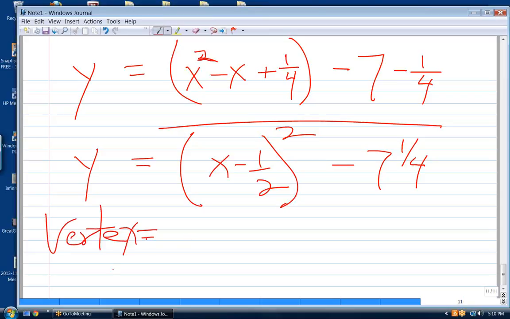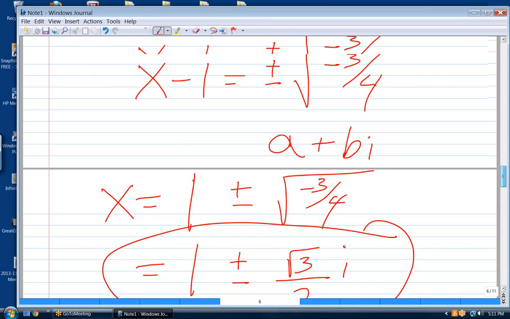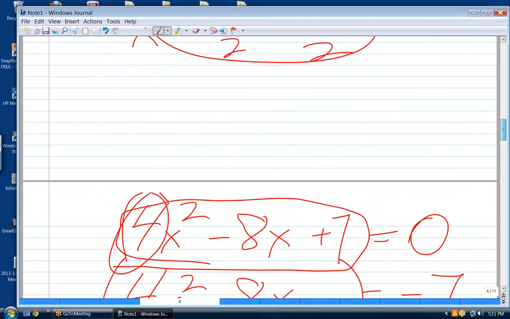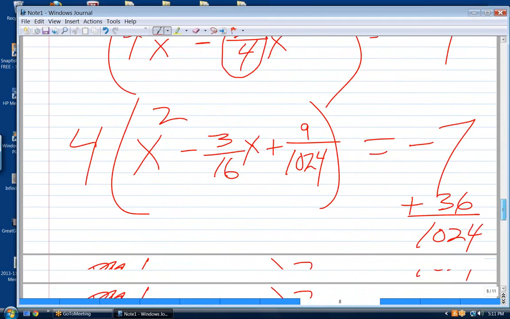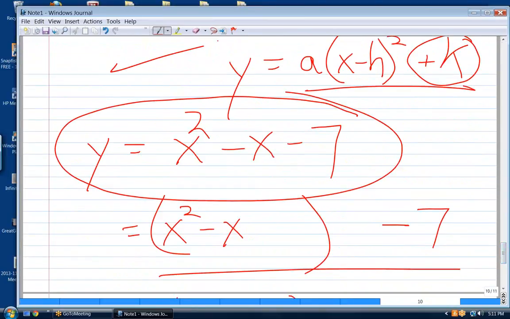It's H and K. So it's negative 1/2 and negative 7. Positive 1/2 minus 7 1/4. In other words, look at the standard format. It's kind of like the opposite of it. It's x minus h. Here's the standard format right here.